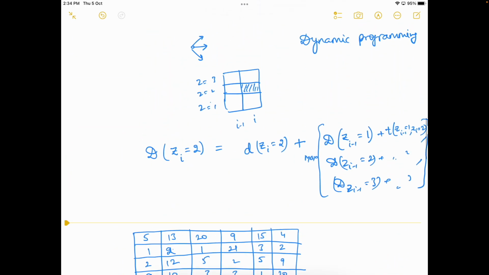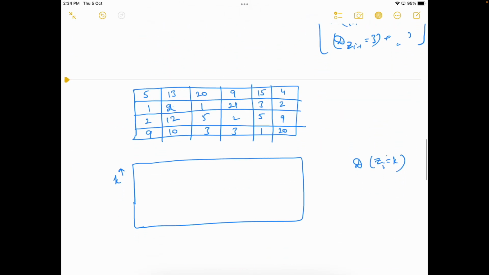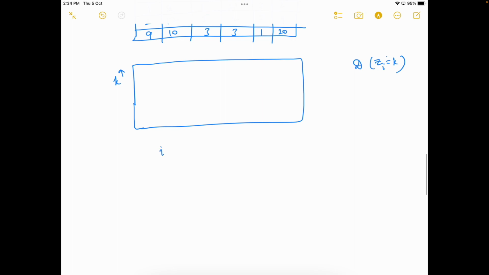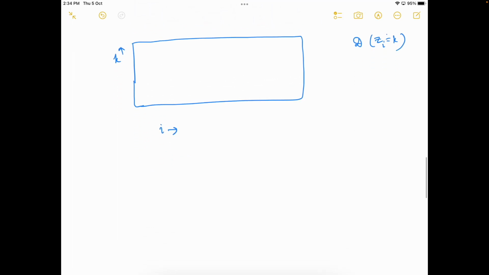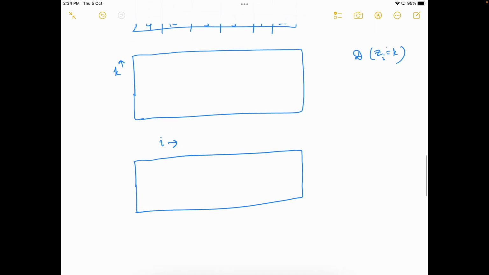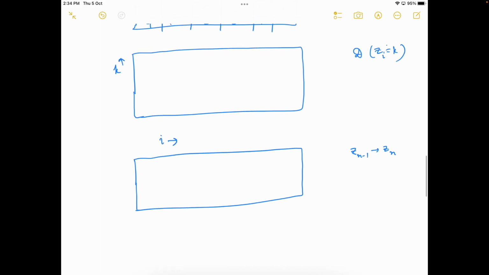Okay, we have taken it in the upward direction, and i is this, right? And another matrix which contains the path information, from i minus 1 to i, sorry.